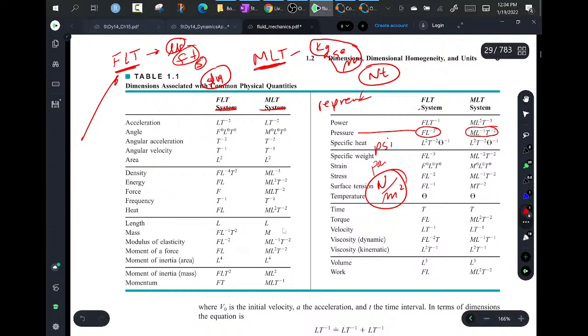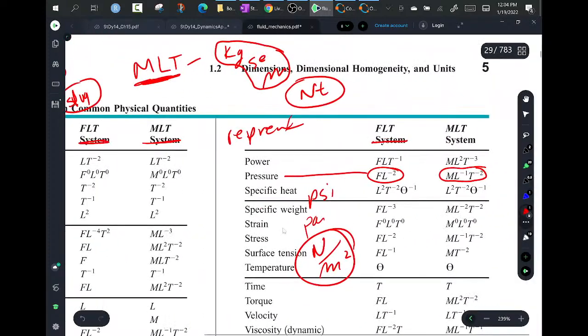So are they telling me, and if they are, they're telling me incorrectly, that in a system that is SI, you don't write pressure as this? No, that's not the case. This is the representation, not the system.